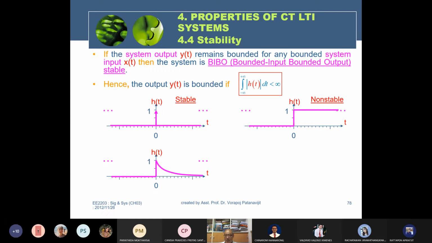For this one, you integrate the decreasing exponential form, which is finite, therefore it is stable. For the last one, the area under this cloud is 2 times the left-hand part. If this part is stable, this part is stable too.